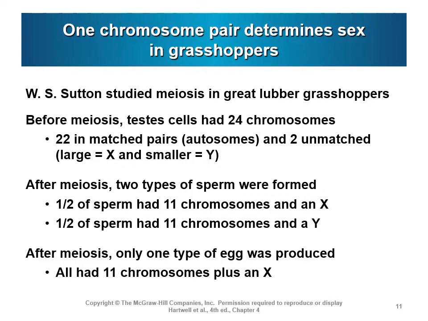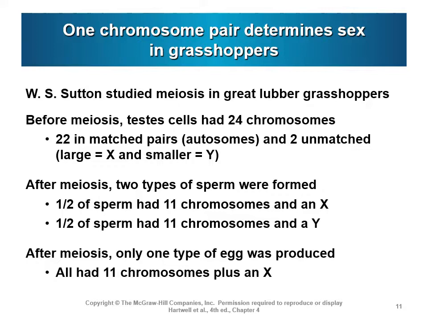Sutton studied meiosis in great lubber grasshoppers. Before meiosis, testis cells had 24 chromosomes, 22 in matched pairs, autosomes, and 2 unmatched, which were X and a smaller Y chromosome. After meiosis, 2 types of sperm were formed.